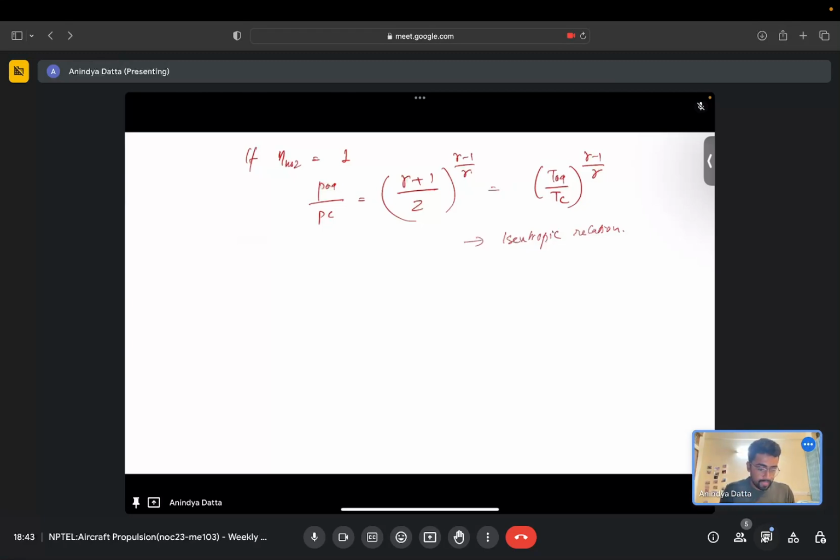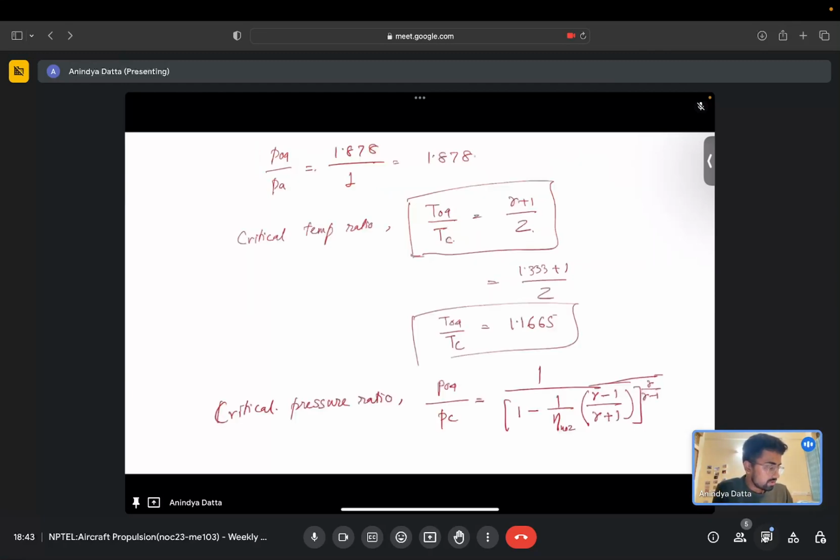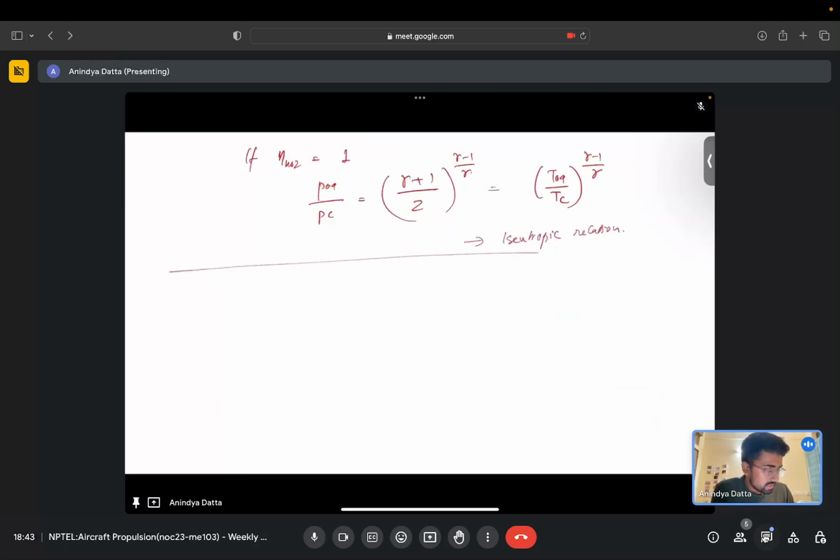So let's proceed. Now we also have to find the critical pressure ratio, P04 by Pc. You have to put in the values: 1 divided by 1 minus 1 by 0.95, with gamma minus 1 as 0.333.